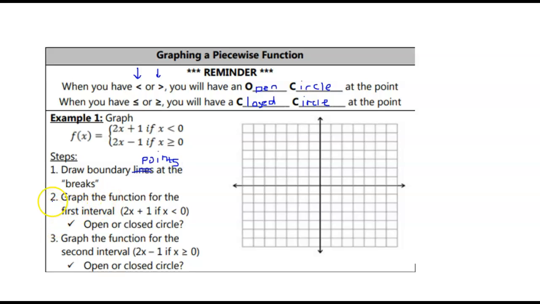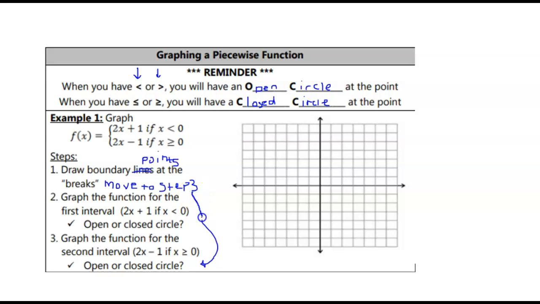And then we're going to move to step 3, and you'll see what I mean here in a second, but we're going to skip to step 3, where we decide if our boundary points are going to be an open circle or a closed circle based on the interval that they give us in the piecewise function.